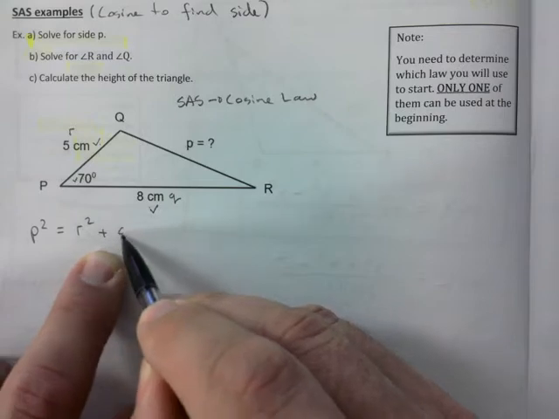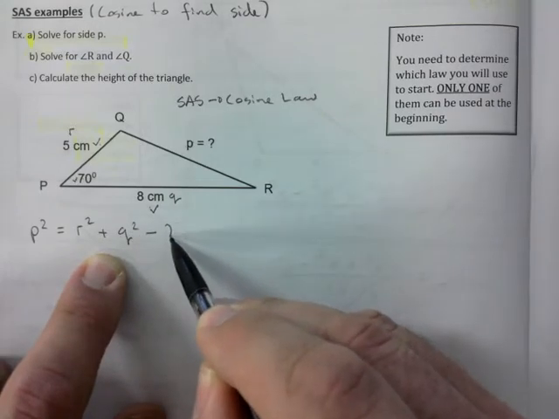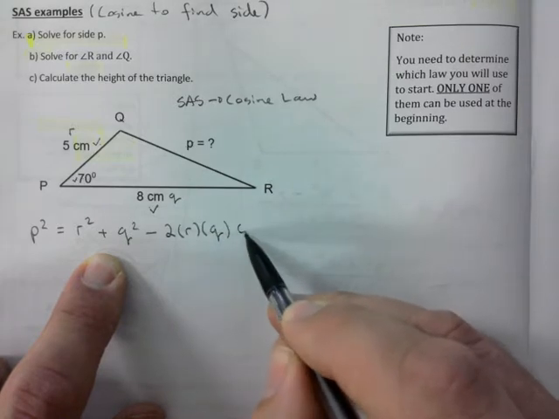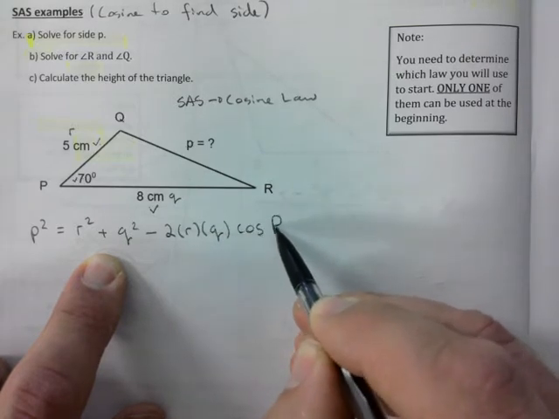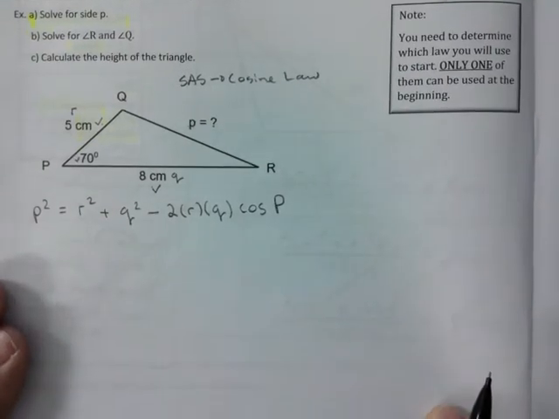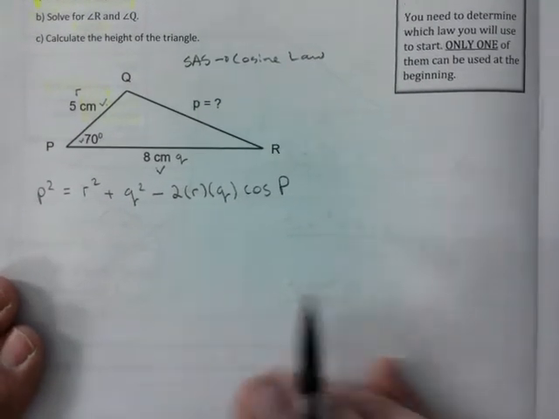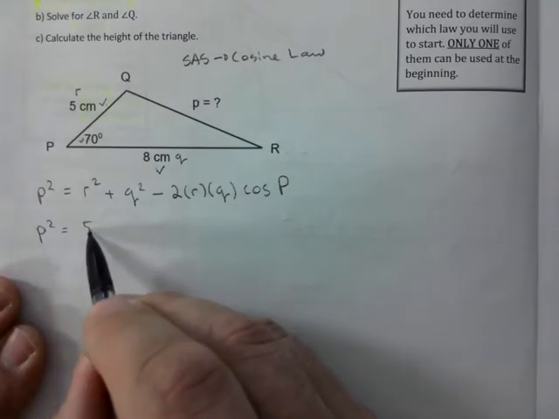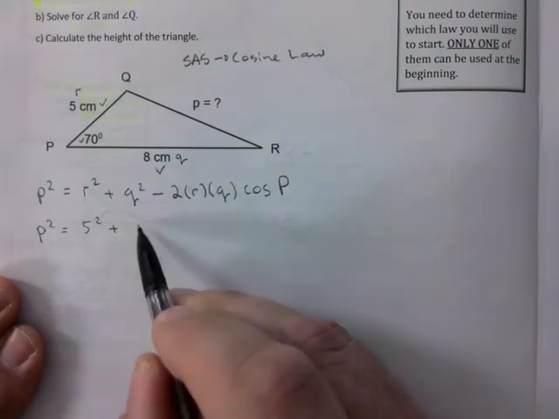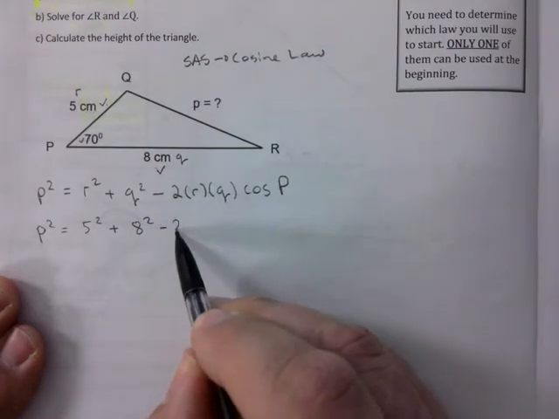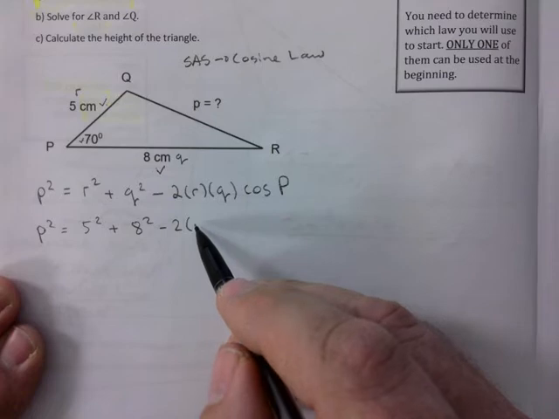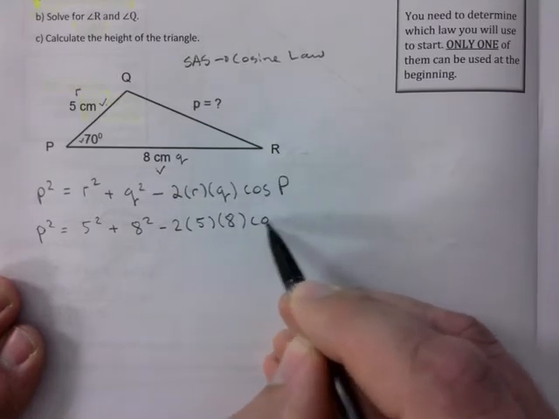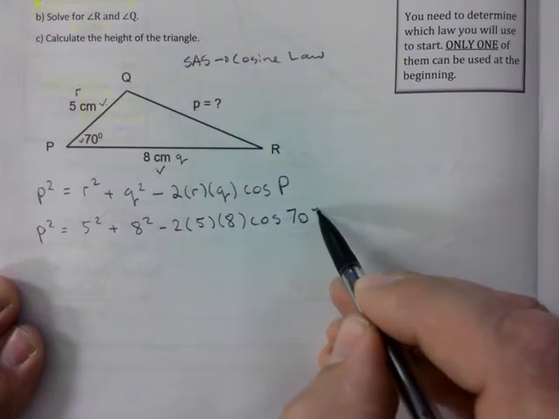R squared plus Q squared minus 2 times R times Q times cosine of angle P. And let's plug in. P squared is going to be 5 squared plus 8 squared, and I use nice round numbers here, even though they will be decimals down the road. Minus 2 times 5 times 8 times cosine of 70.